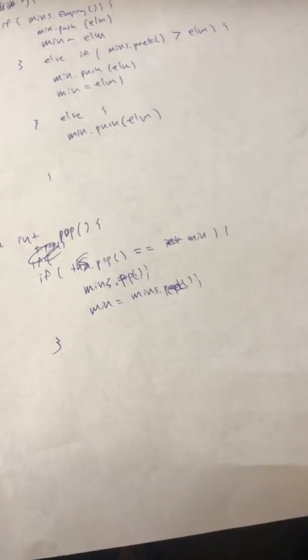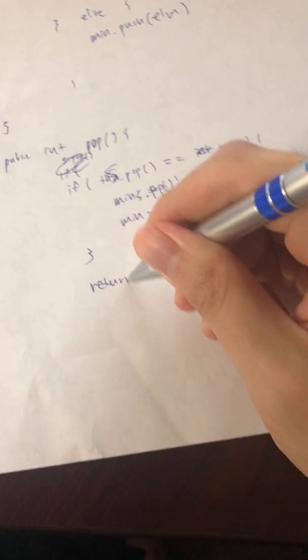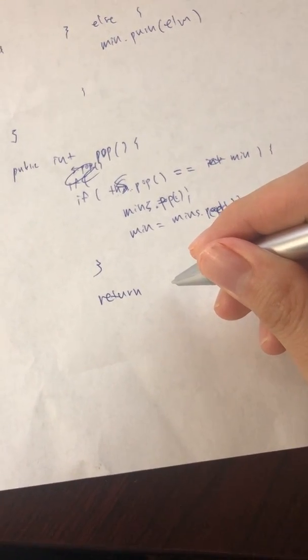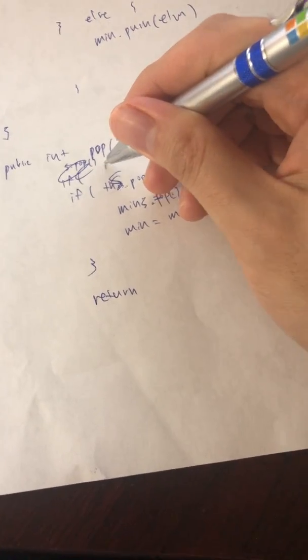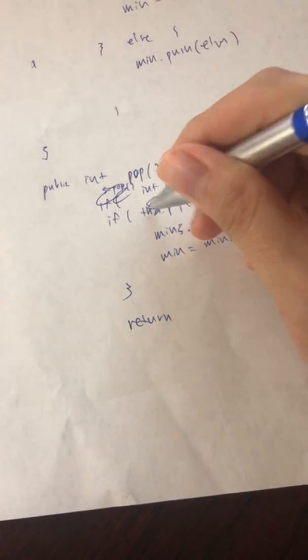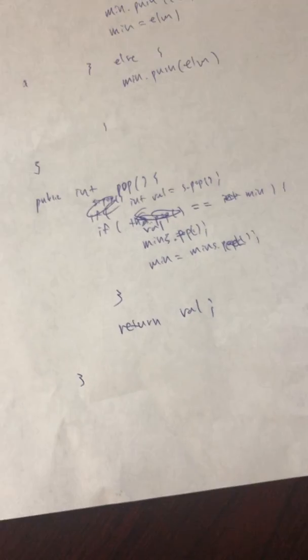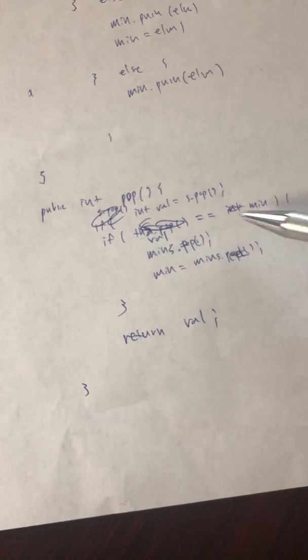So I reset the new minimum, and then I return, actually, int val is s.pop, and I'm going to write that as val so that we don't lose track of this, and then I'll do return val. Right, so it updates the minimum if it's equal to the minimum.